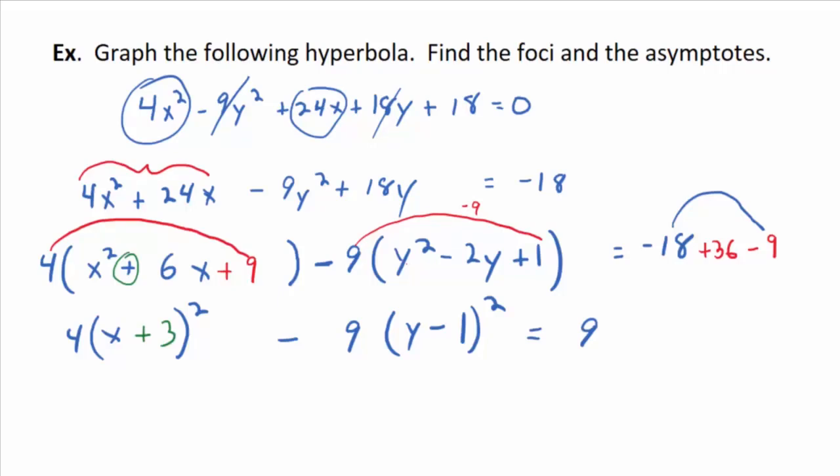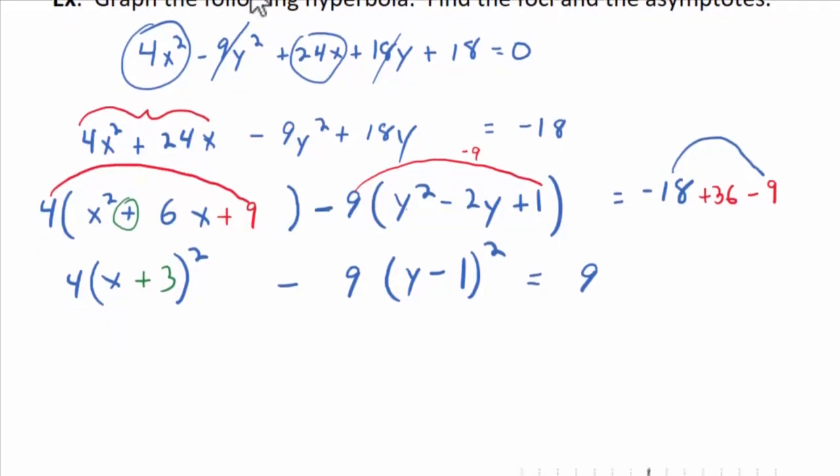What do we need to do? We need a 1 on the right side, so we divide everything by 9. Like that. So how would we rewrite the first term on the left side so that it's in standard form? In order for it to be in standard form, you need x plus 3 quantity squared by itself on top, right?